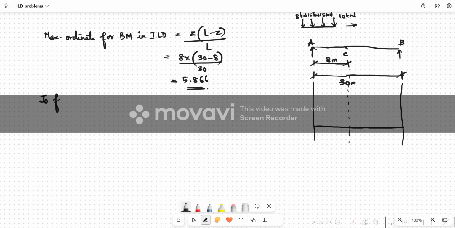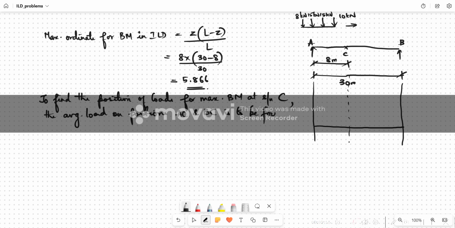So we will write: to find the position of loads for maximum bending moment at section C, the average load on portions AC and BC is to be found out.